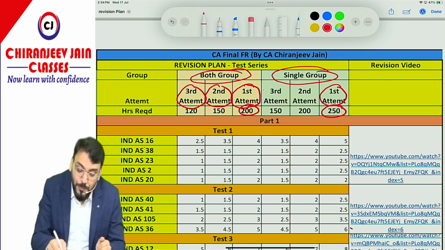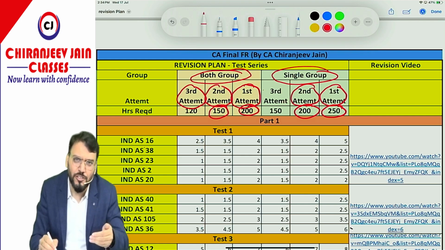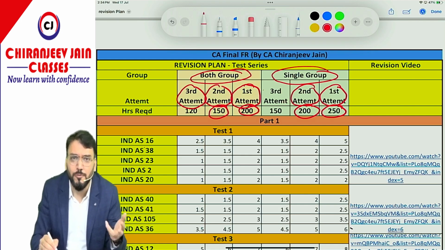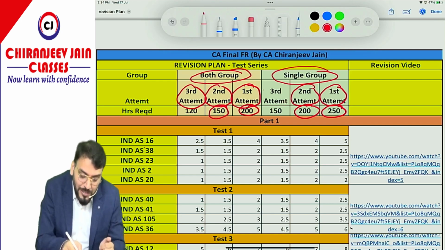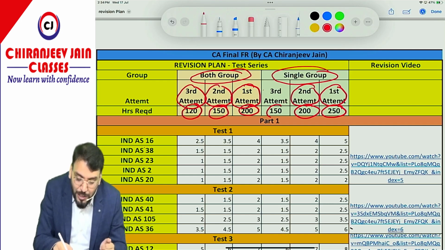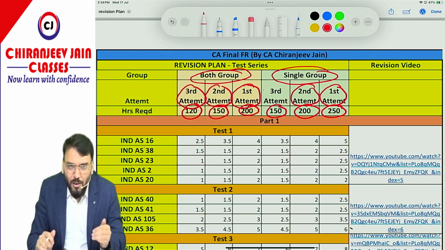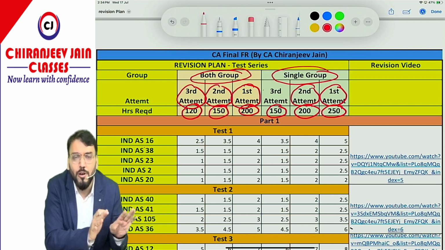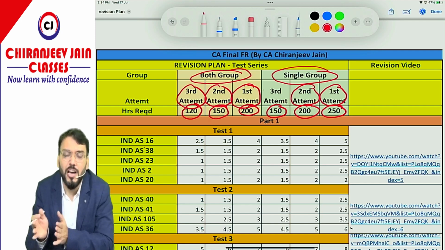If this is the second attempt, then for both group students it is 150 hours and for single group 200 hours. If this is your third or more attempt, on the assumption that you might be engaged in some job or some other profession or business, I have said the minimum is 120 hours and 150 hours for both group and single group respectively. Also, in your last attempt you have already done proper revision, and now you restart the revision.